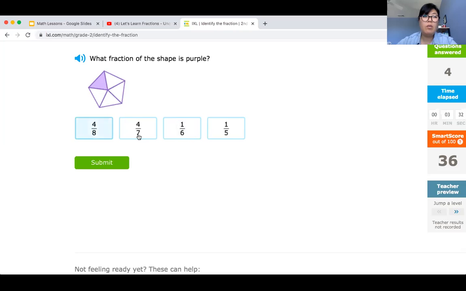We already know by looking at the answers, this one will be correct because this is the only answer that has 5 as the denominator. And then what part of this shape is shaded in purple? Only 1. So it'll be 1/5.